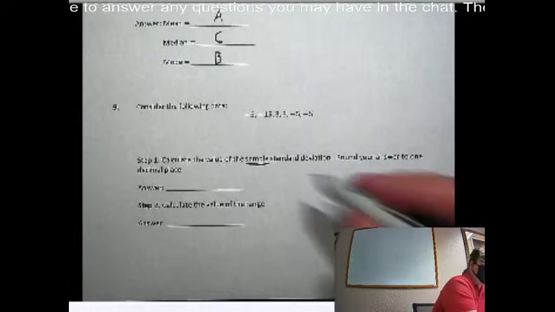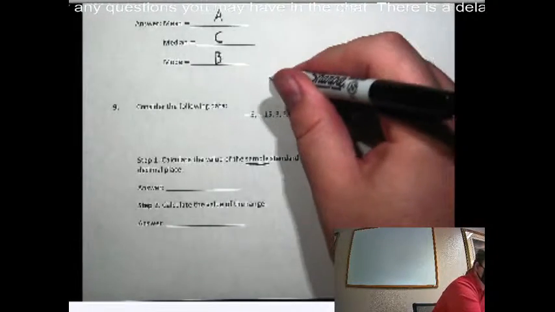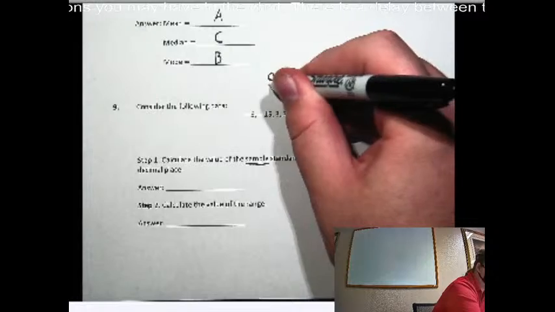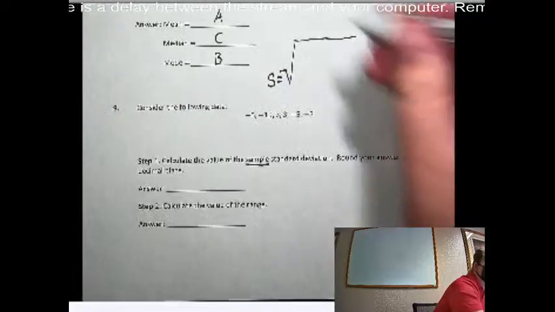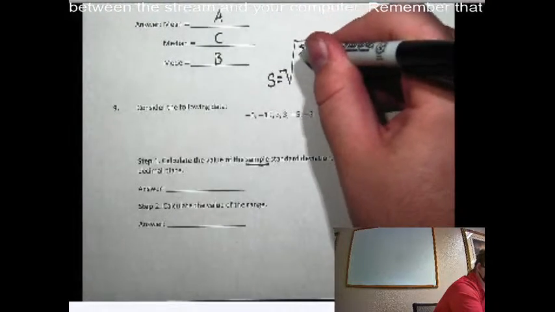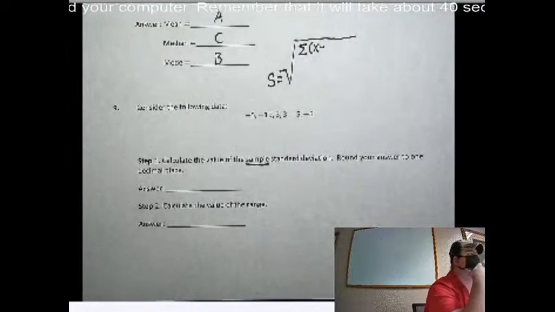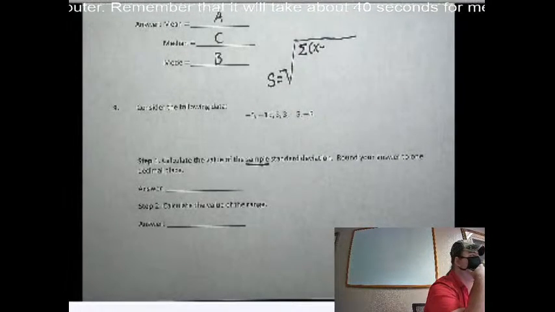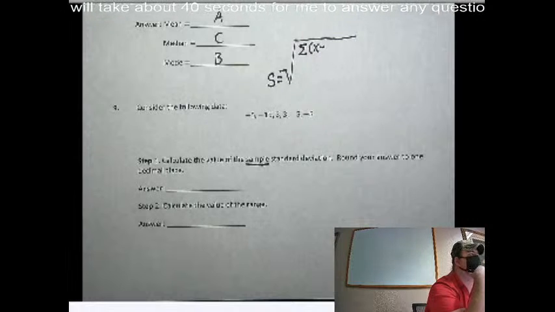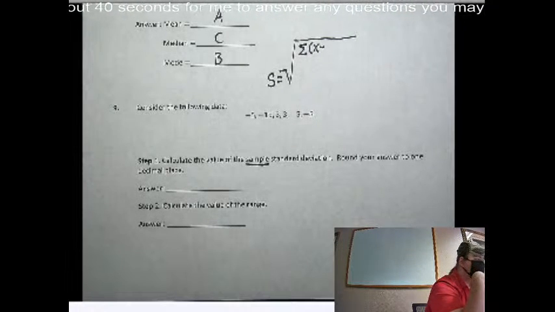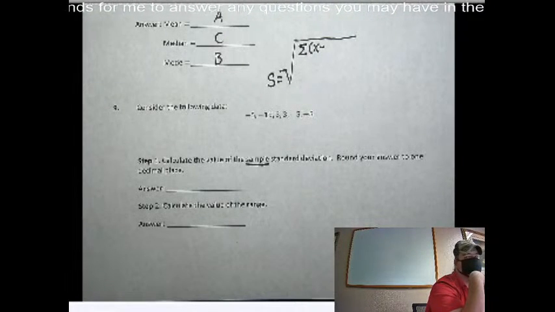So particularly with standard deviation, our formula is S equals the square root of the sum of x minus what? What comes next? Keep in mind this is a sample.